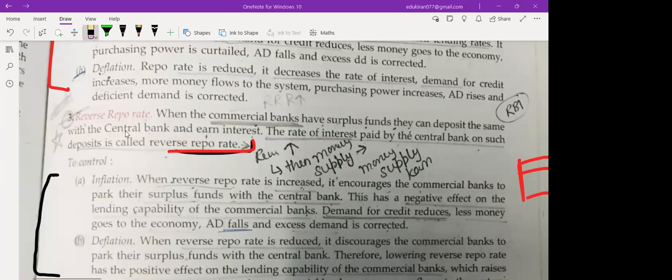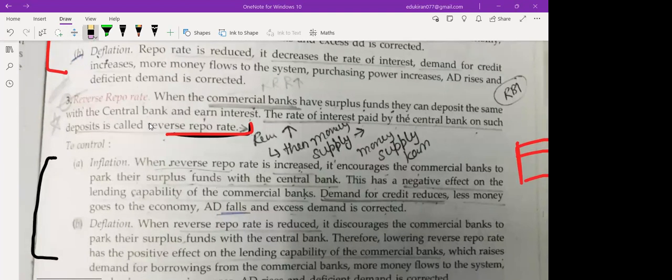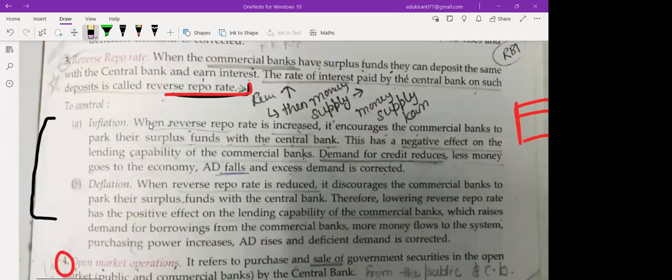When there is inflation, I will increase my interest rate, and in deflation, I will decrease it.